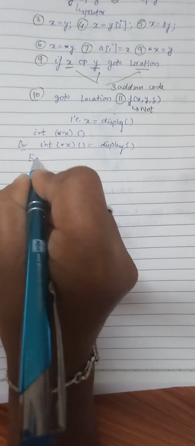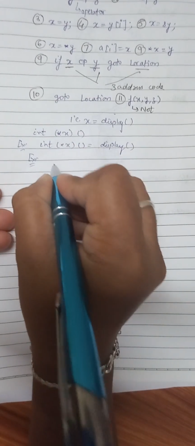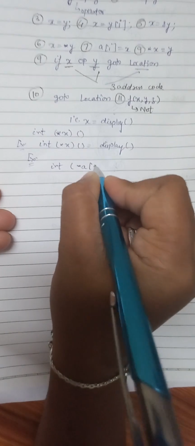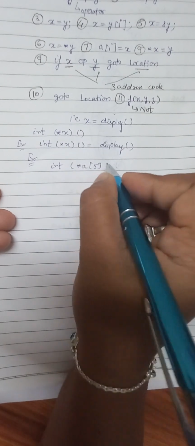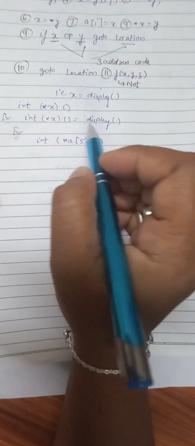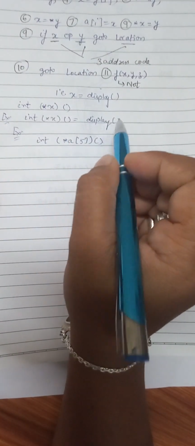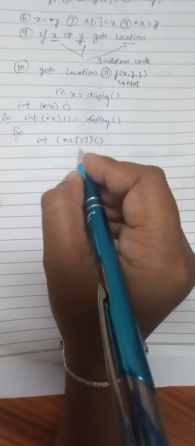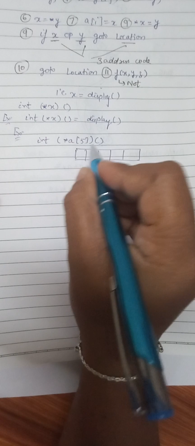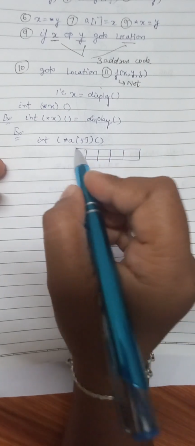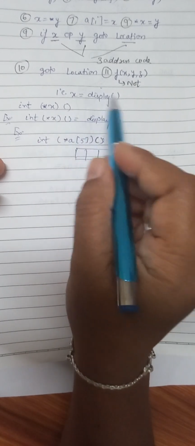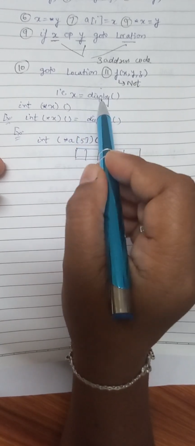So we are taking another example: if we are writing integer array of 5, what does it mean? It means there are 5 function pointers, because each element denotes a function, as with the display function.